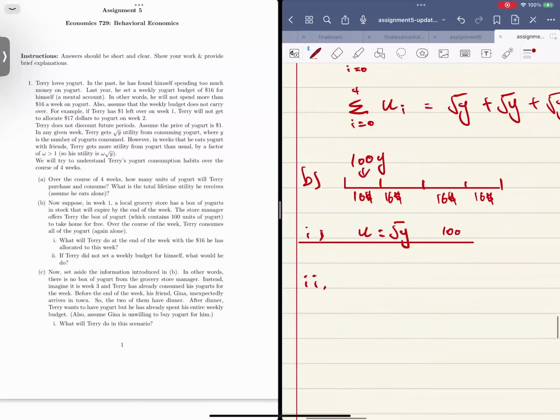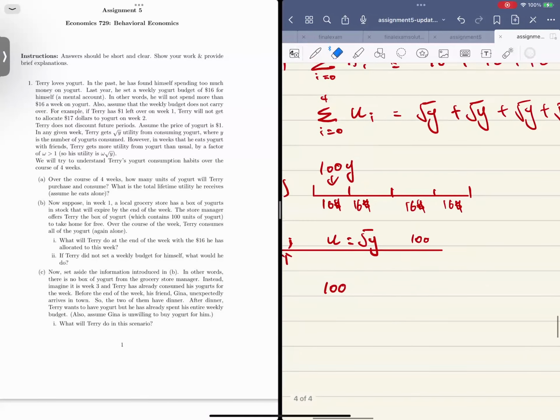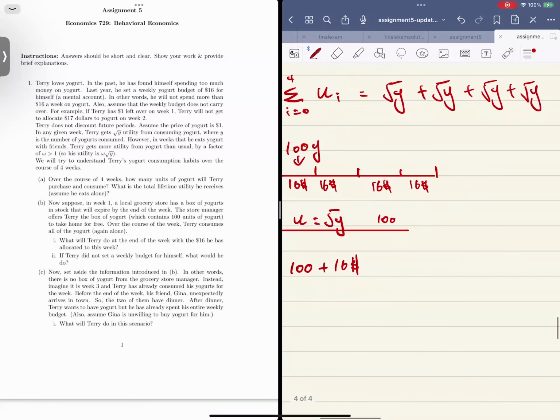Oh, this thing? Yeah. So in week 1, he was given 100 units of yogurt, right? But he also has $16 in week 1. Because he has this mental accounting, he will spend all the $16 on yogurt.